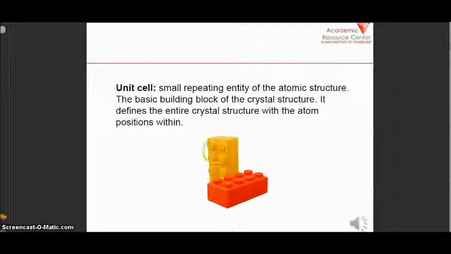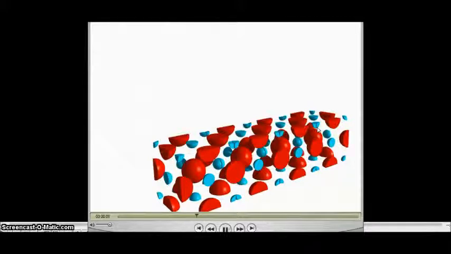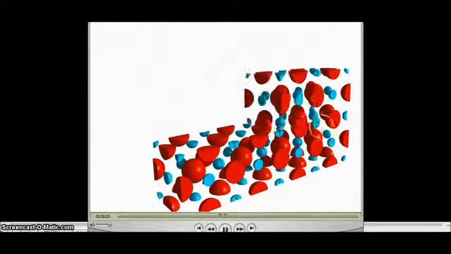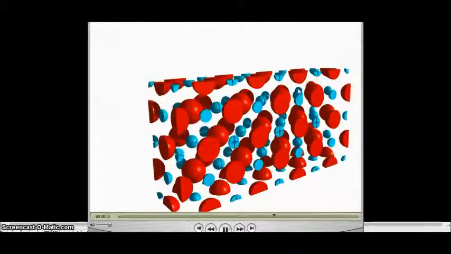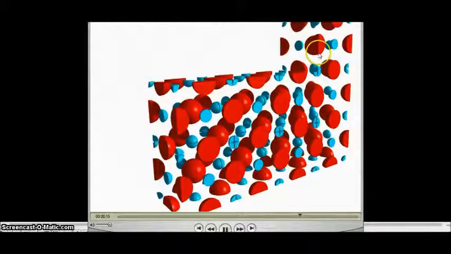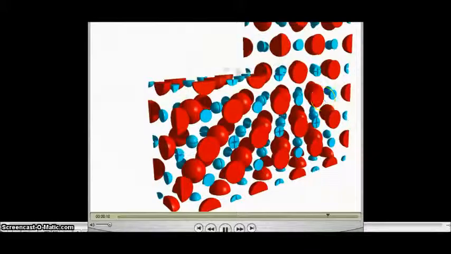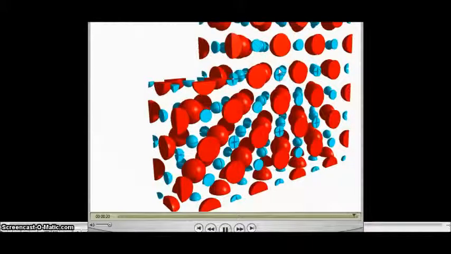Students, just watch, this is a unit cell of sodium chloride, and all the unit cells accumulate together and form the whole crystalline solid. All the unit cells are in a regular manner and they are unique.